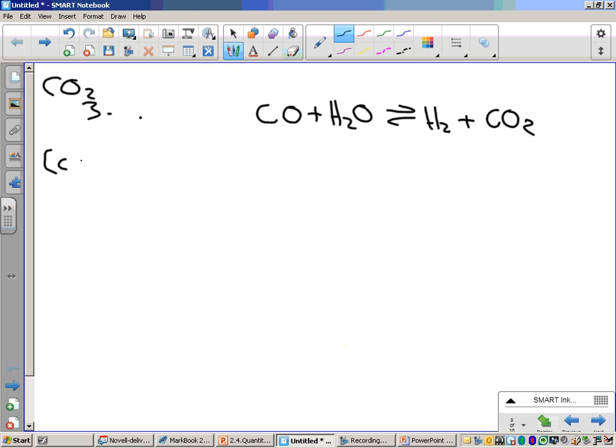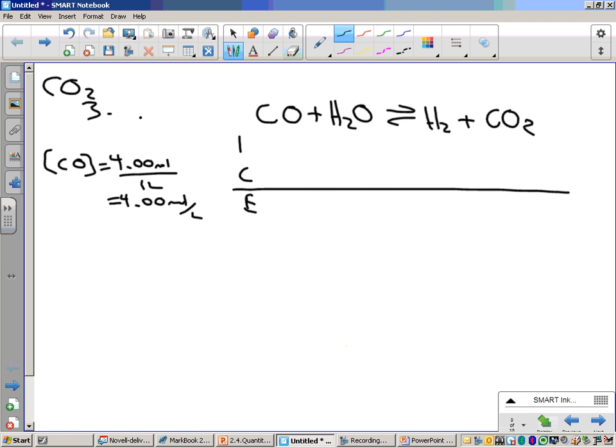The concentration of CO is equal to 4.00 moles per 1 liter, and therefore it's 4.00 moles per liter. And that's true for all of the reactants. That means in my ice table, I'm going to have 4, 4, 4, and 4, because it said each gas.